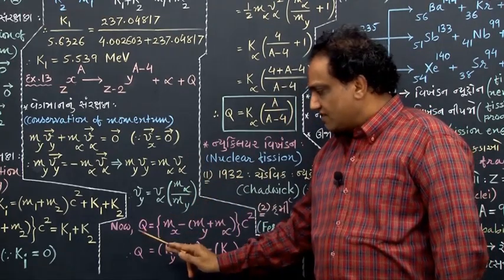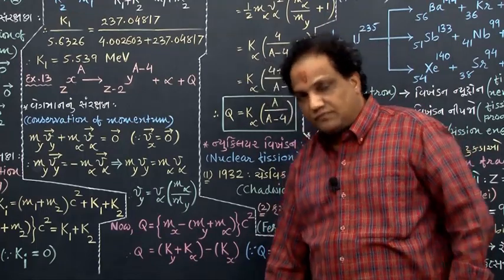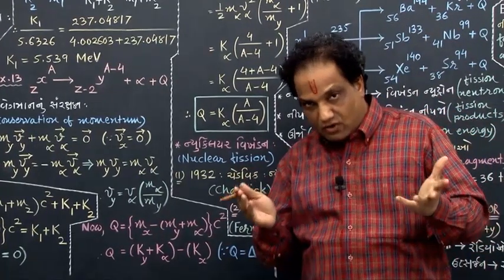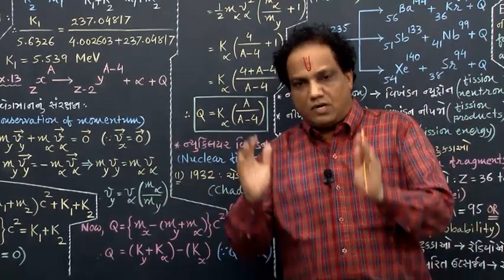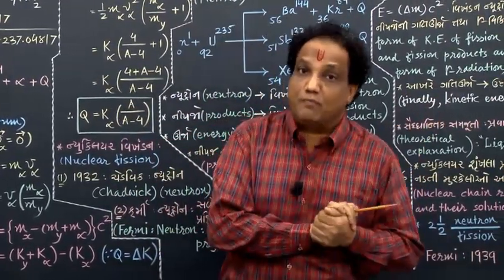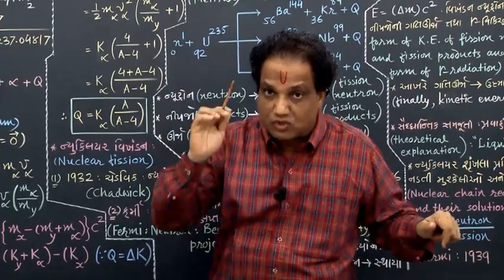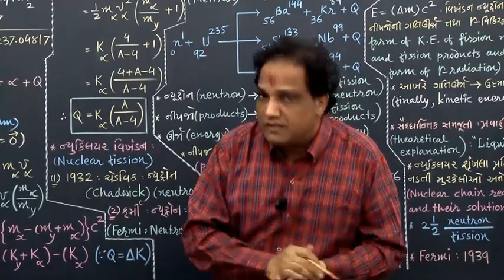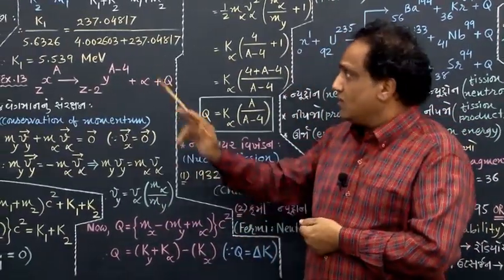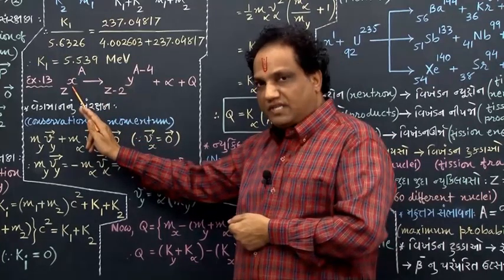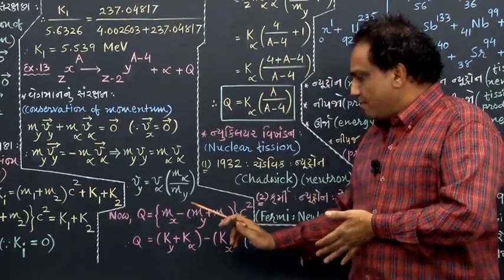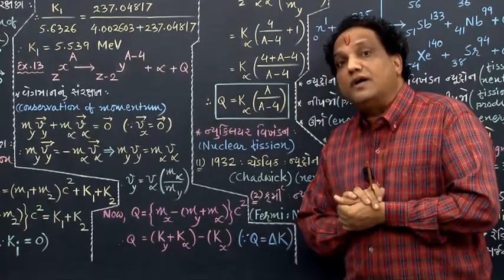Wait. Now let us find out Q value of the reaction. The formula is very simple. Total mass of reactants minus total mass of products, and that difference of mass should be multiplied with C square. Total mass of reactants, right now it is only one, which is parent nucleus X. So I am writing mass of parent nucleus X minus total mass of products.